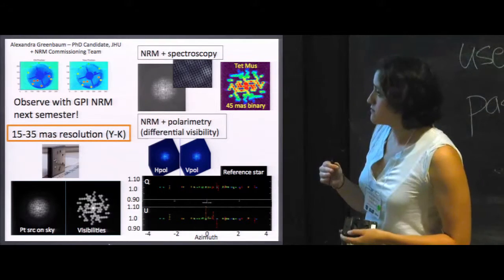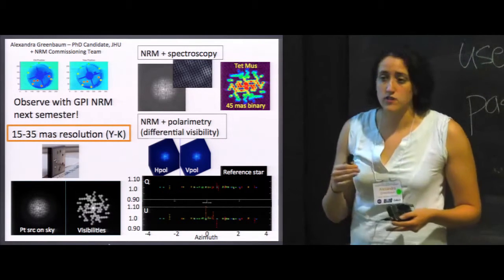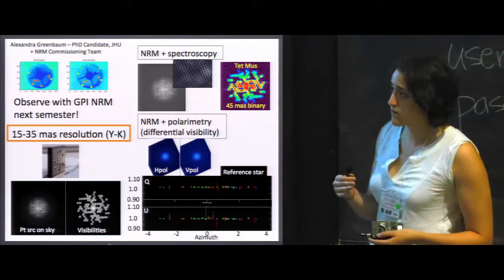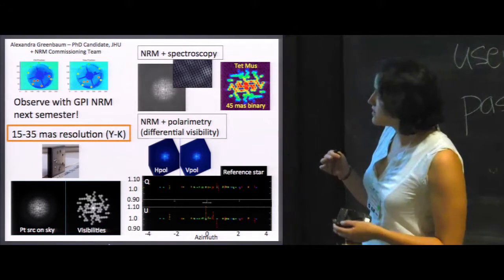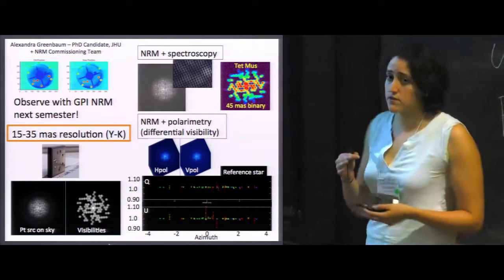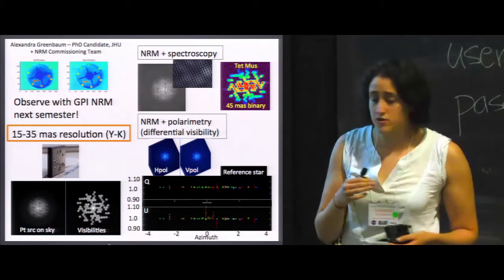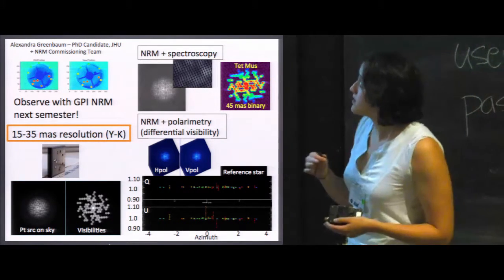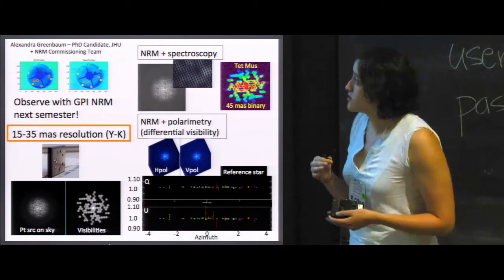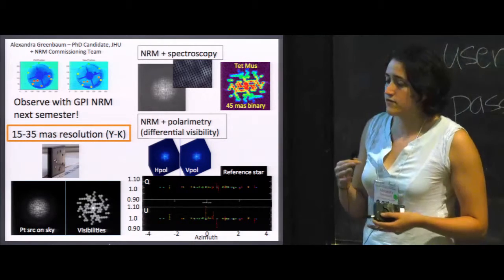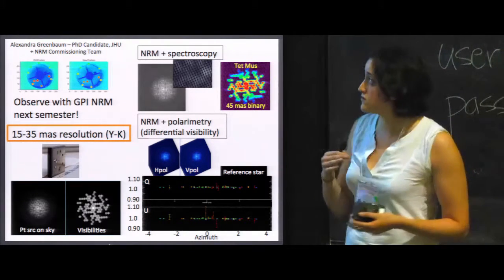And in May this year, we had an extra night of commissioning just for the mask to prepare it for proposals for the next semester. GPI is an IFU, so the mask operates in both spectral and polarimetry mode. In spectral mode, we can get a spectrum at every image pixel, which is particularly useful, for example, if we have a faint companion that has maybe emission features.